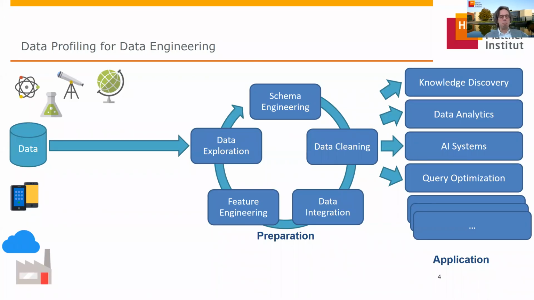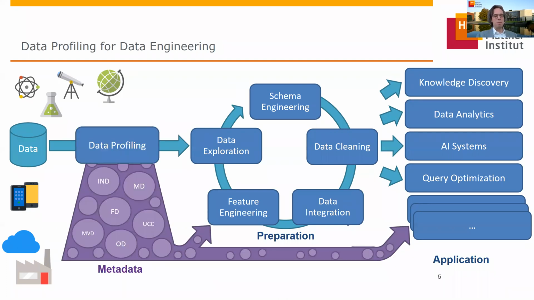Here you can see this broad, let's say, pipeline. You have all sorts of data sources. You need to do some kind of a data preparation, including cleaning, integration, feature engineering, all these things to then serve the applications on the right-hand side, like knowledge discovery, analytics, AI systems, etc. So this is a typical pipeline.